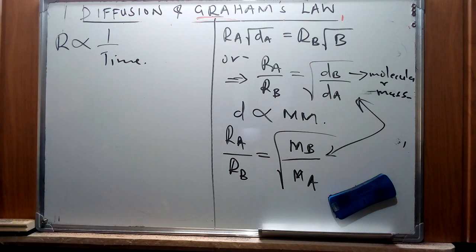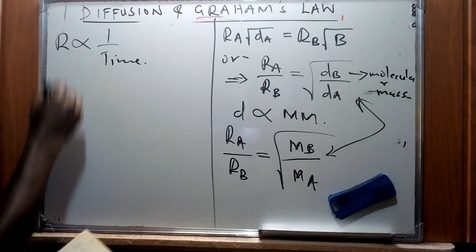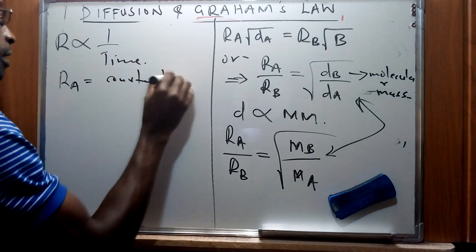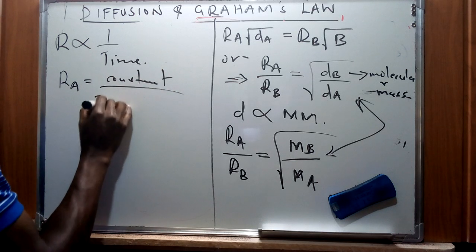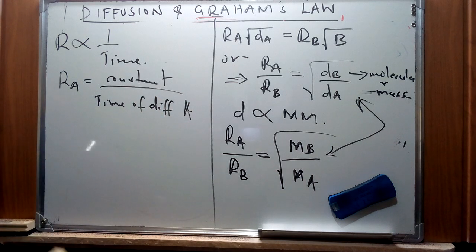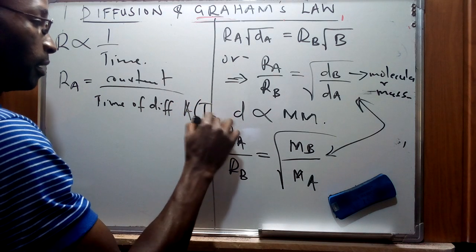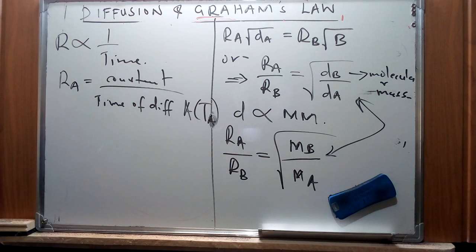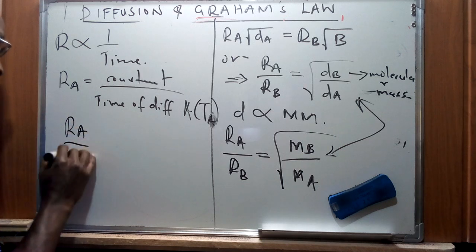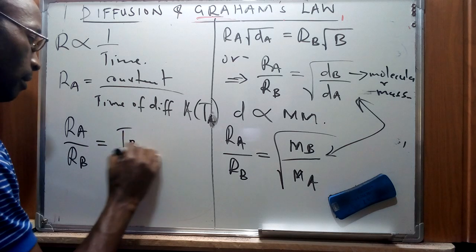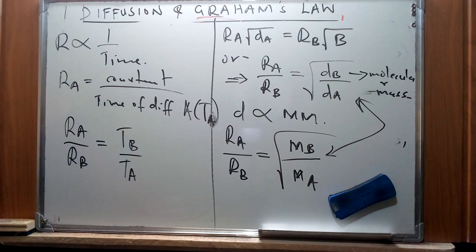Therefore, we can have a mathematical representation for that, whereby the rate of diffusion of a gas A is equal to a constant divided by the time of diffusion of gas A, which we can give as T_A. So therefore we have an expression which also gives us a relationship between time and rate, which can be expressed as such.